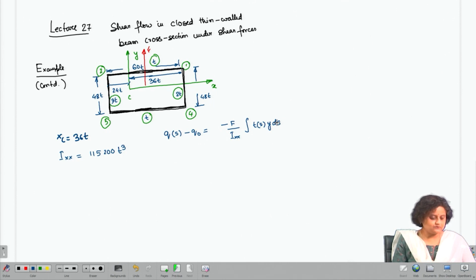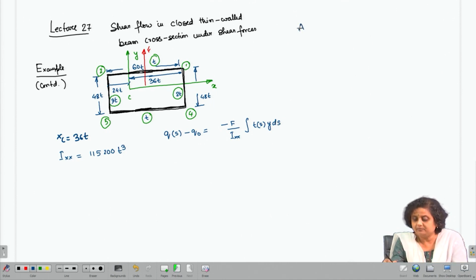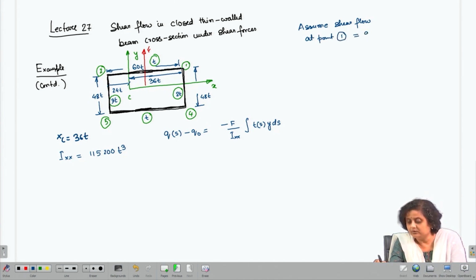Let us first assume the shear flow at point 1 to be equal to Q0. So, we say let the shear flow at point 1 be Q0.